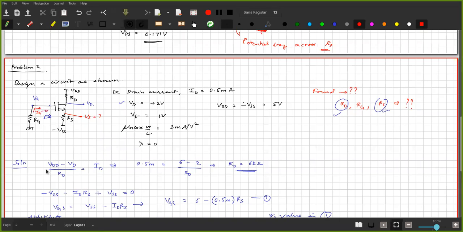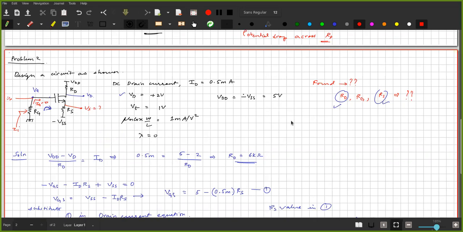But what this RG signifies is, when I'm using this amplifier and connect an input signal like this, and look at the input impedance seen from this direction, it should be very high. So this RG value I typically keep in mega ohms.